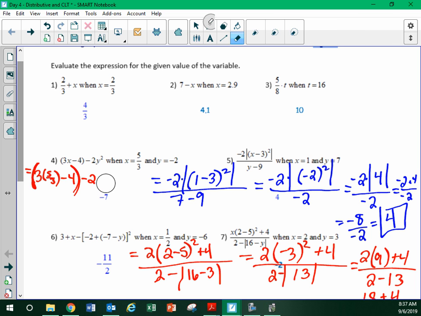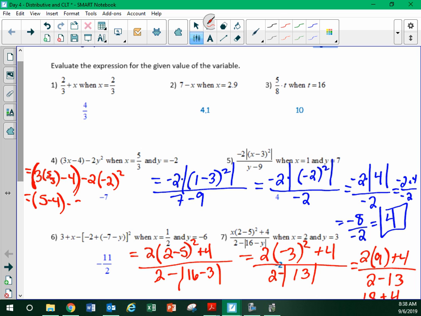So instead of a y, let's put parentheses, negative 2 squared. Okay, so again, we have minus 2y squared. So let's work inside our parentheses first. 3 times 5/3, when you do that in your calculator, you get 5. And then over here, again, I have to do my exponent first.